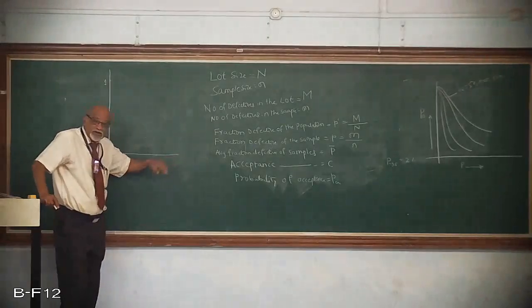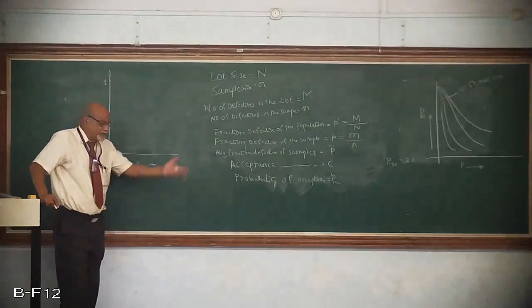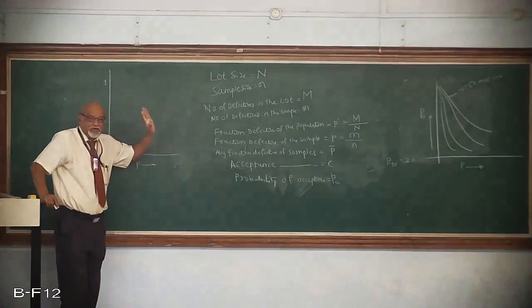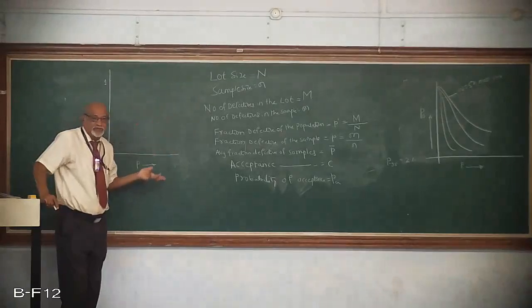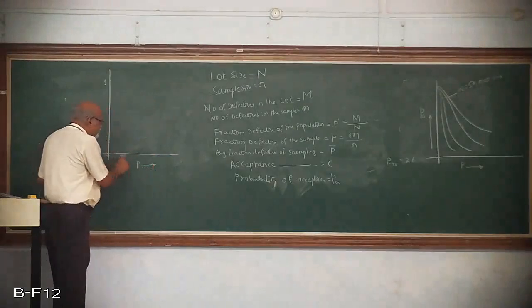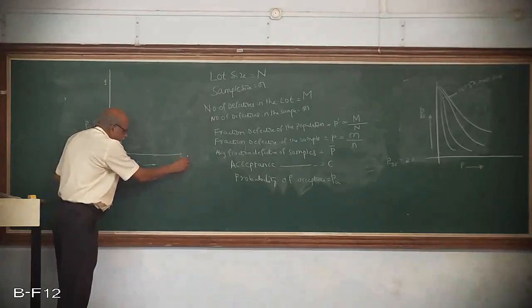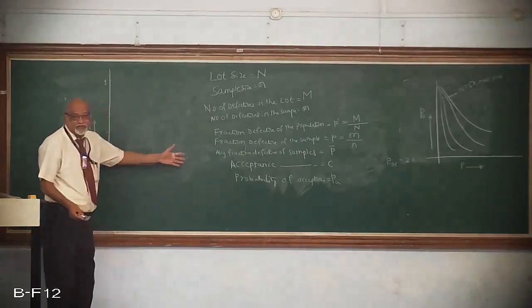Can it take more than 100% or more than 1? No. Out of 1000, at the most all the items are defective. At most 1 or 100% defective. Here also, it varies from 0 to 1 as fraction defective, or it might be 100%. Whatever you can think, you can put it over here.